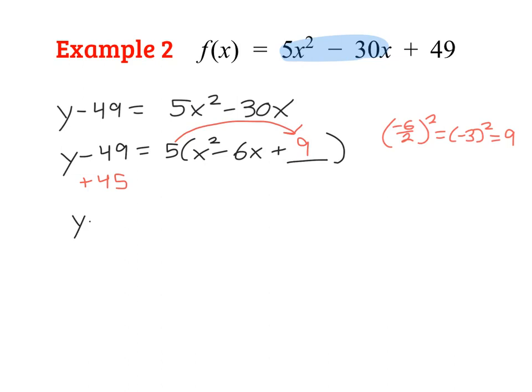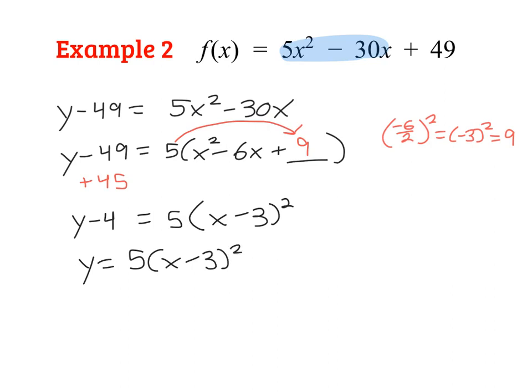And what I have left is y minus 4 equals 5 times x minus 3 squared. And then let's take one last step and add 4 to each side. And now my equation is in standard or vertex form.